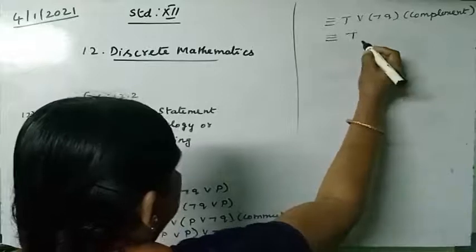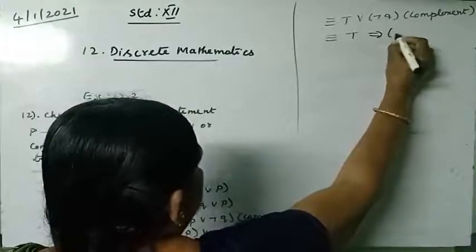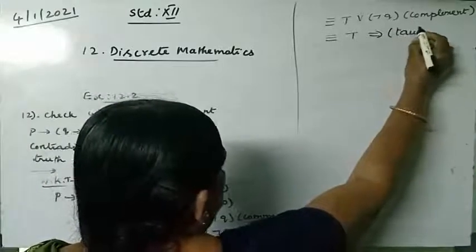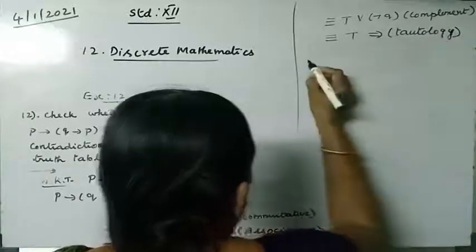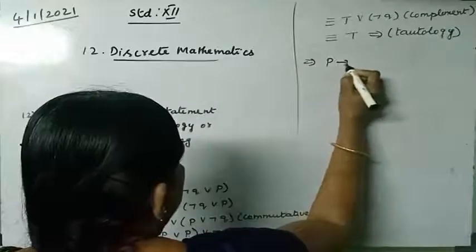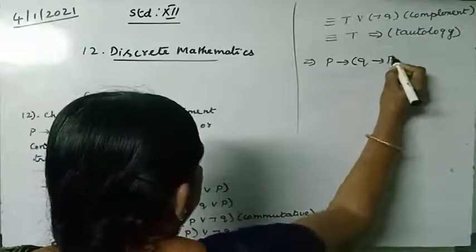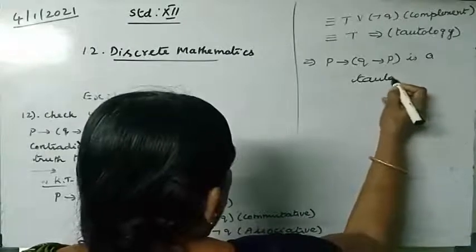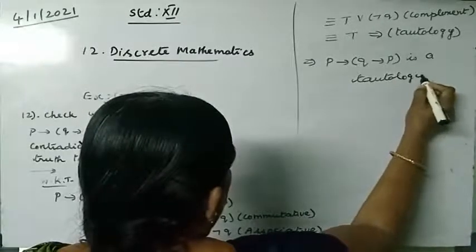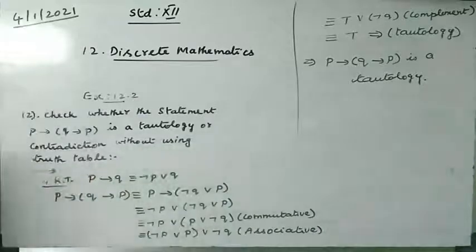So it is equal to true. So it is a tautology. Which implies P implies (Q implies P) is a tautology. Hence proved. Now let us go to the 14th question.